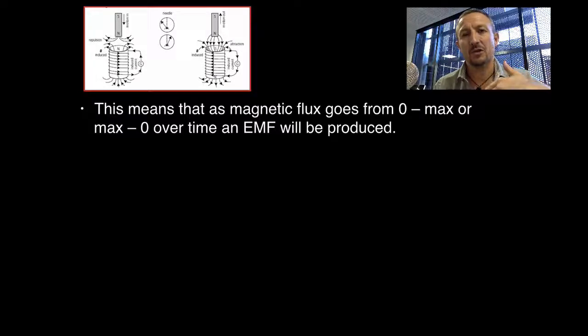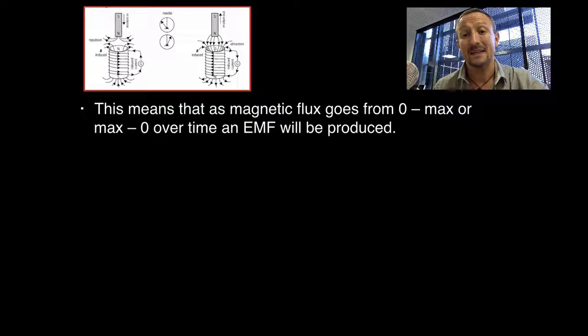A stronger force on the electrons will push them faster and harder. That means we're going to get an increase in current. An increase in current, an increase in movement, means an increase in magnetic field. So we get this knock-on effect that by pushing one magnet in, we're going to get a continuous increase in magnetic field which will just increase and increase and increase the amount of current which is generated.